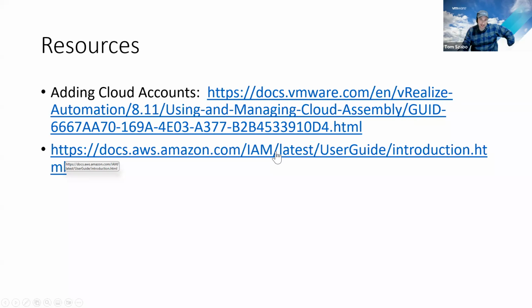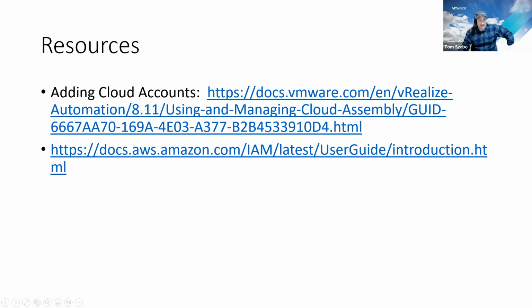The documentation from VMware explains the permissions that you need to have assigned to the particular user that you set up inside of AWS. And the second link is really for how to actually do that inside of the AWS console. I'll try to add that to the notes when I upload the video. So anyways, let's jump into my lab.